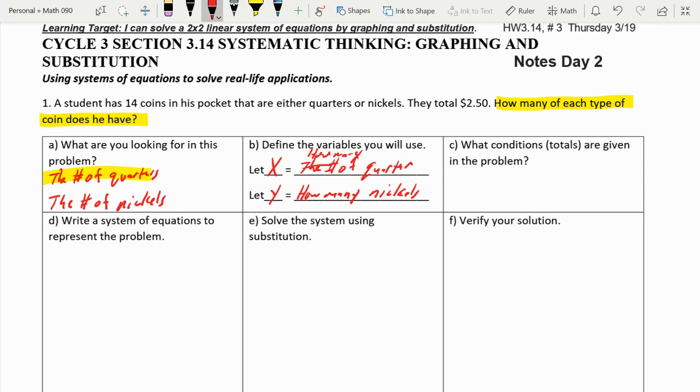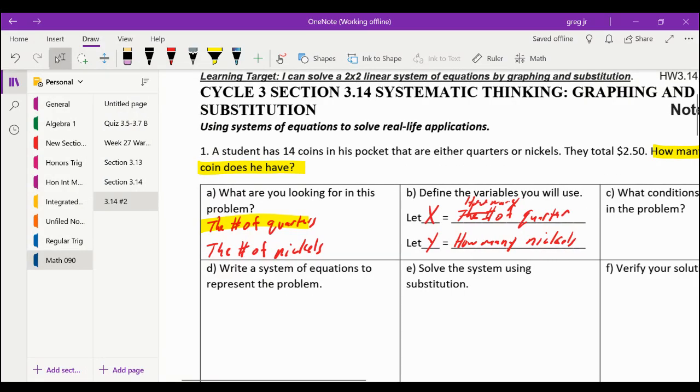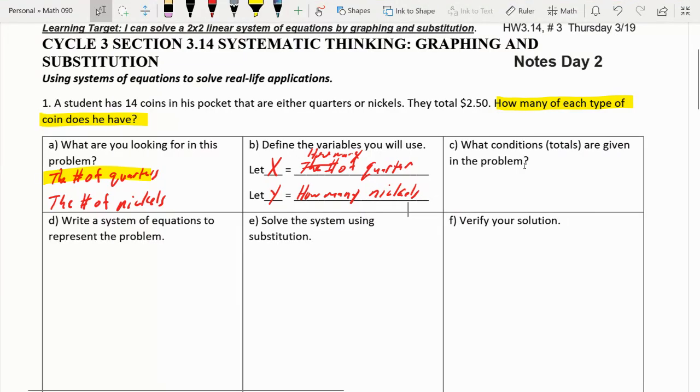What conditions are given in the problem? They're giving us the totals. Well, what are the totals?